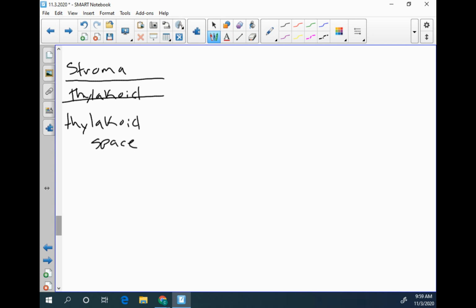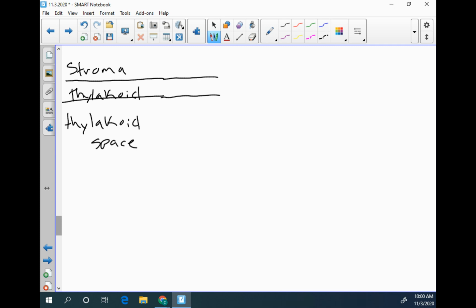Having this kind of spatial awareness will help you whenever we diagram photosynthesis later in the week. So we have our thylakoid membrane, our stroma, our thylakoid space.